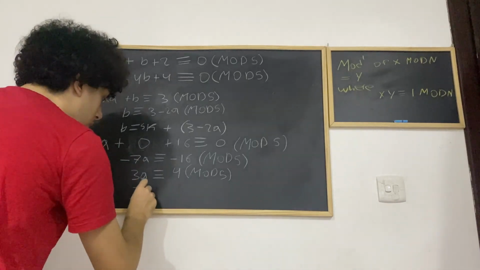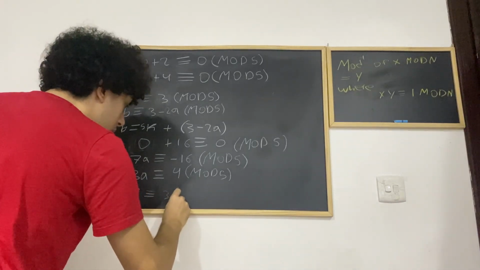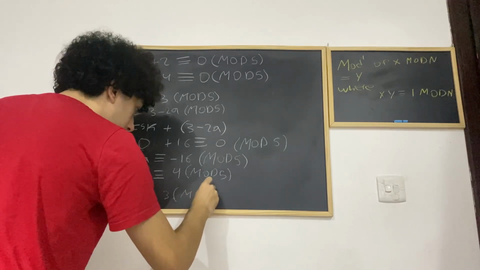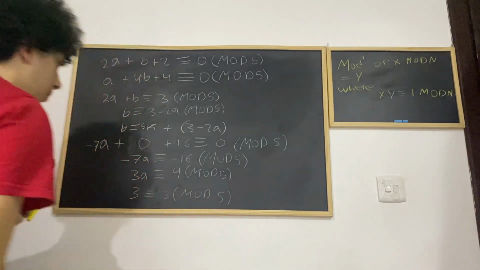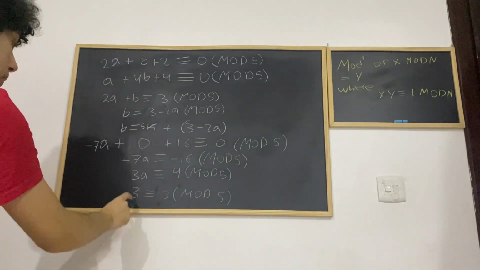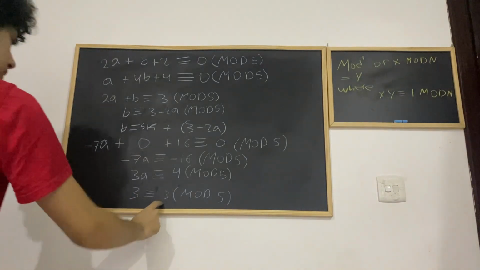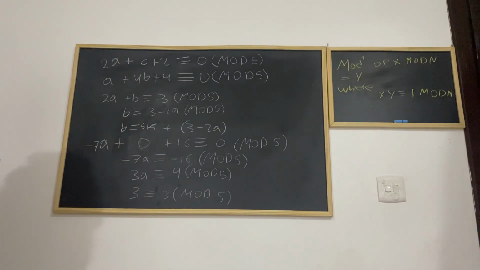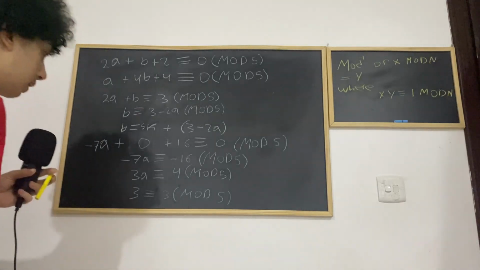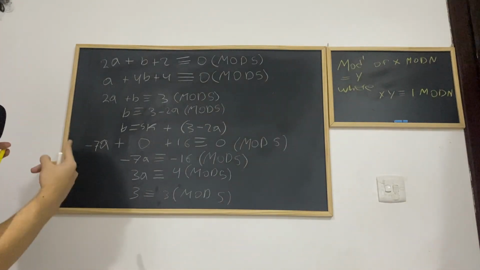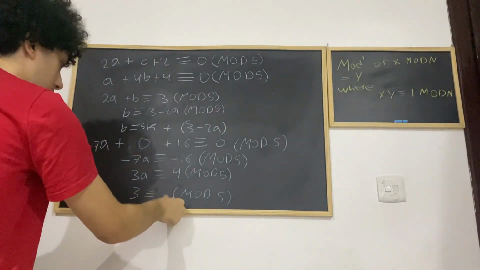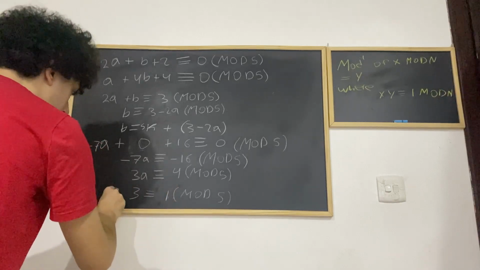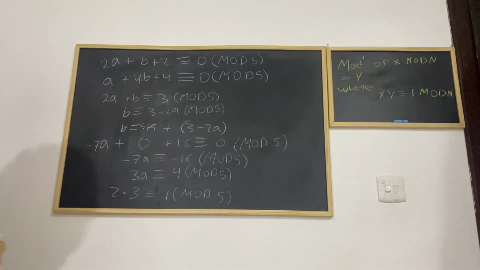So 3 is congruent to 3 mod 5. But we want to make this 1. So what number would we multiply 3 by to get this to be 1? 2, correct? Because 2 times 3 is 6, and 6 divided by 5 is 1 remainder 1, which will leave 1 here. So we can put a 1 here, and 2 times 3, which is 6, correct?